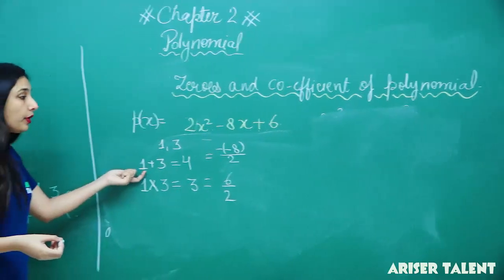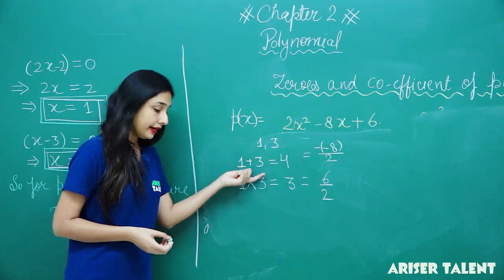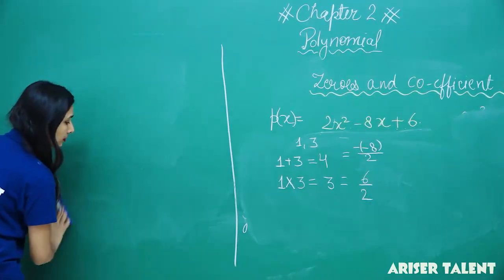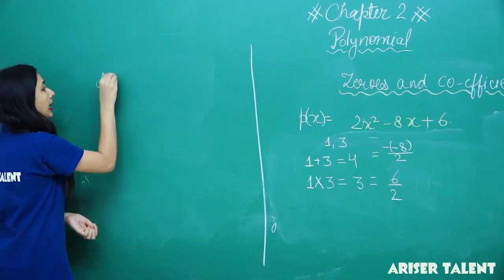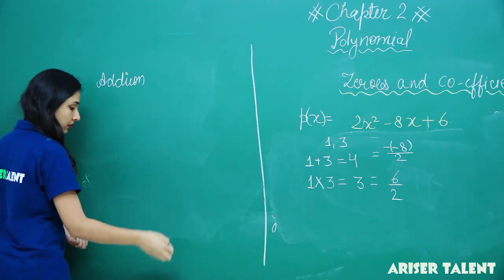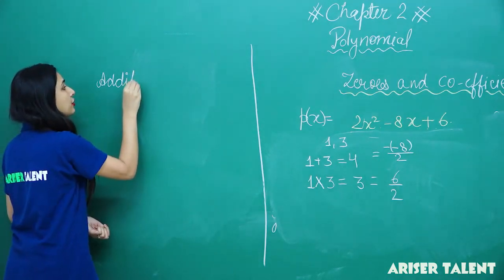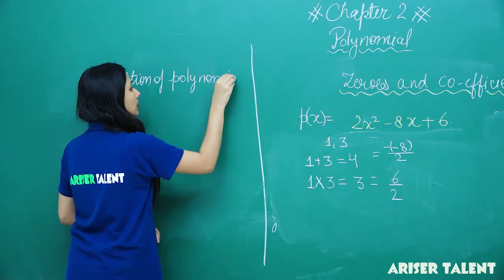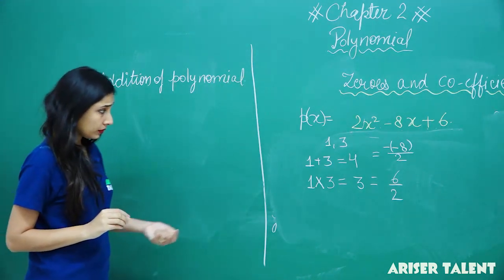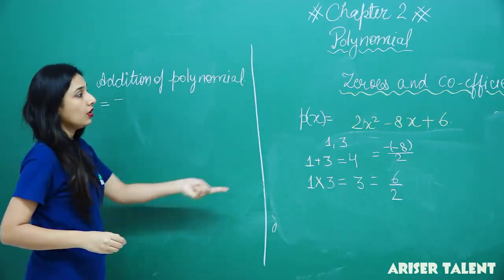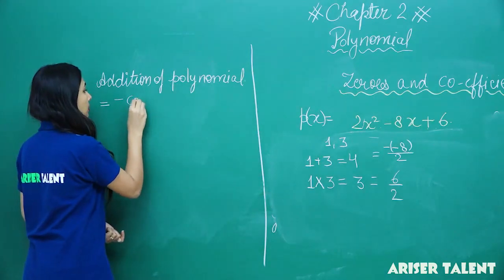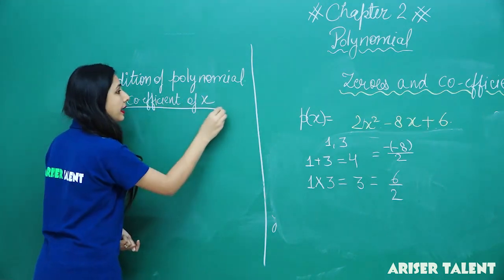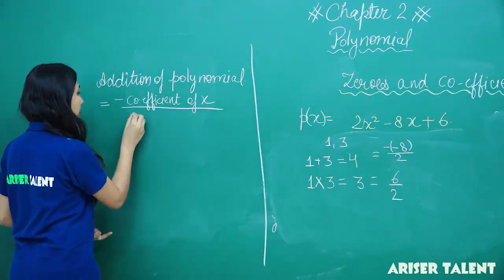Now, the addition of zeros of the polynomial equals minus of the coefficient of x divided by the coefficient of x square.